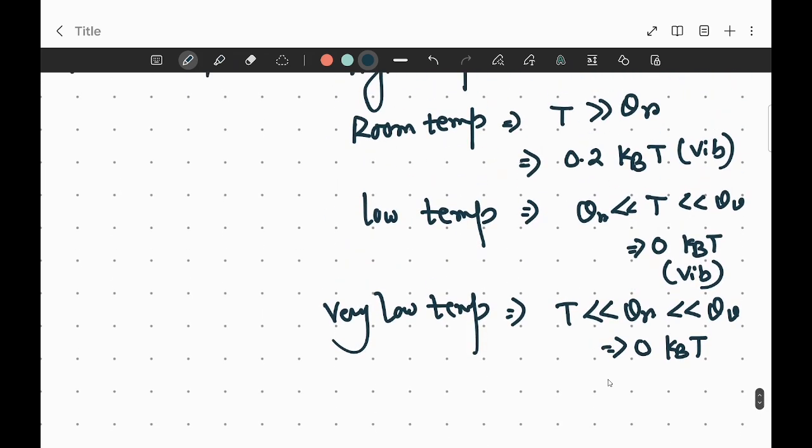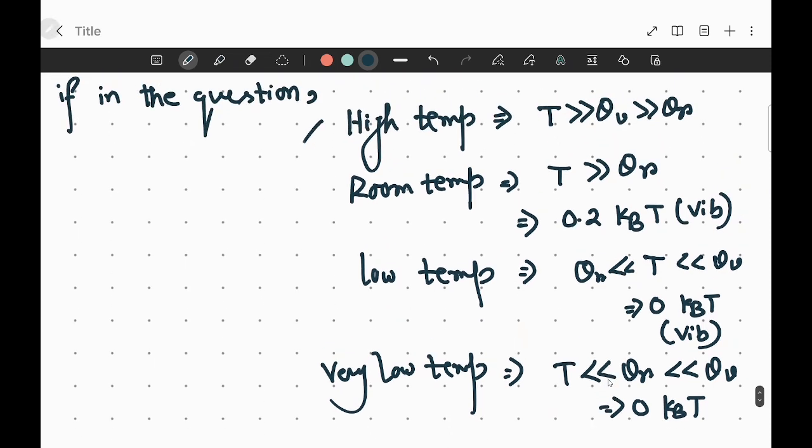For very low temperature, we need to consider the contribution of the rotational and vibrational parts to be 0. Specifically, it will be mentioned if the temperature is less than theta r or greater than theta r. If it is not mentioned, then in general you have to consider up to this. This is more general.